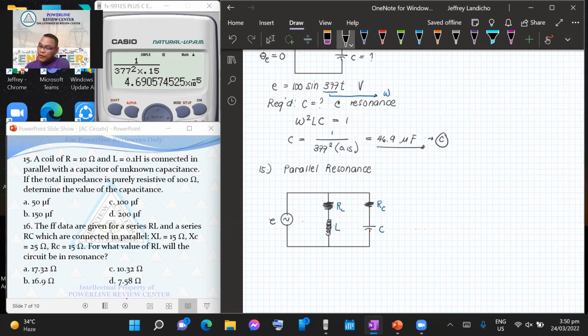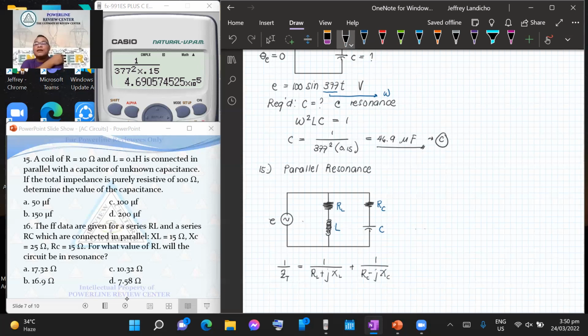So therefore, pag kinuha natin ang total impedance niyan by parallel operation, 1 over the total impedance would be equal to 1 over the impedance of the RL circuit. Ano impedance ng RL circuit? That is R plus jX of L, plus 1 over RC minus jX sub C. Okay?